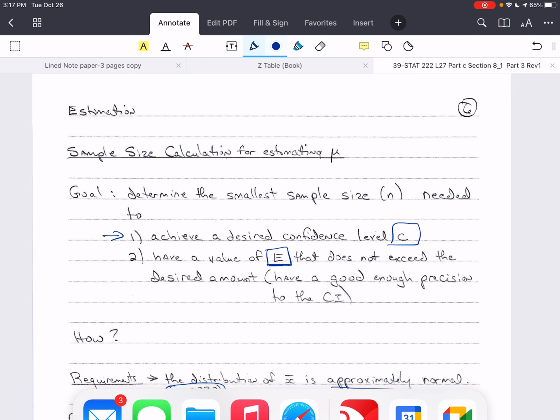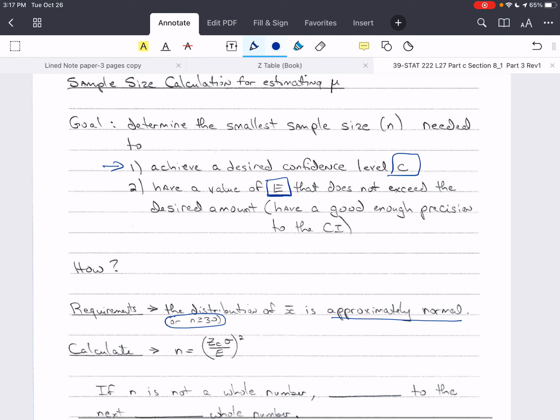So as long as our result here for sample size is 30 or higher, then we're okay. But if our result comes out less than 30, then we would need to go back to the original distribution and make sure that it has a normal distribution, or our results may not be meaningful.